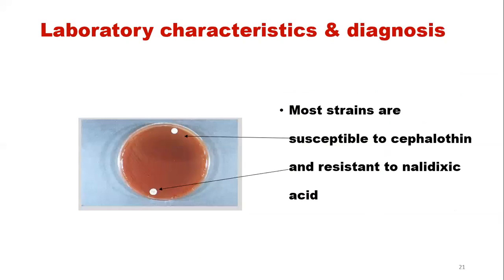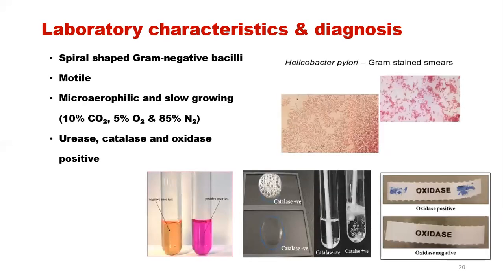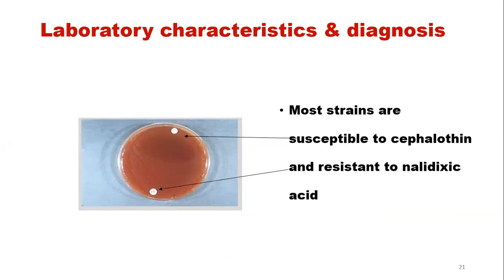Most strains are susceptible to cefalotin and they are resistant to nalidixic acid. So if you're told that you have a gram-negative organism that is urease positive, catalase positive, oxidase positive, and susceptible to cefalotin, or resistant to nalidixic acid, and the organism was isolated under microaerophilic condition, you should be thinking of H. pylori.